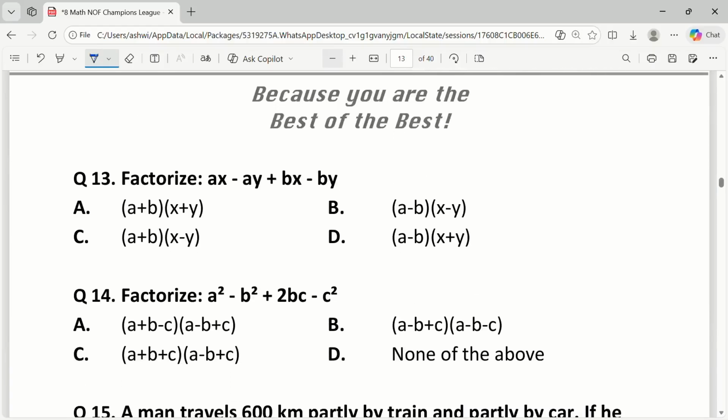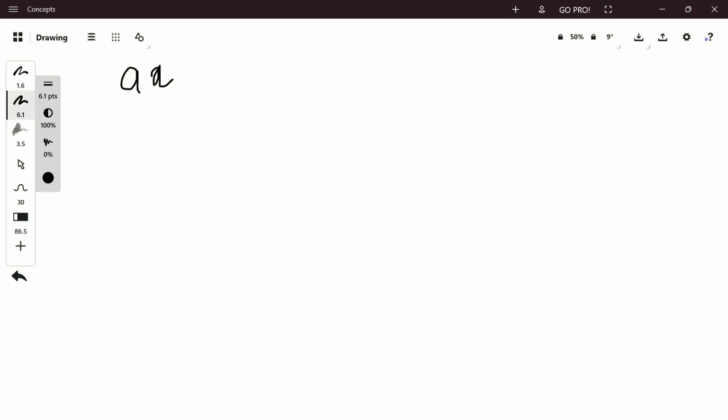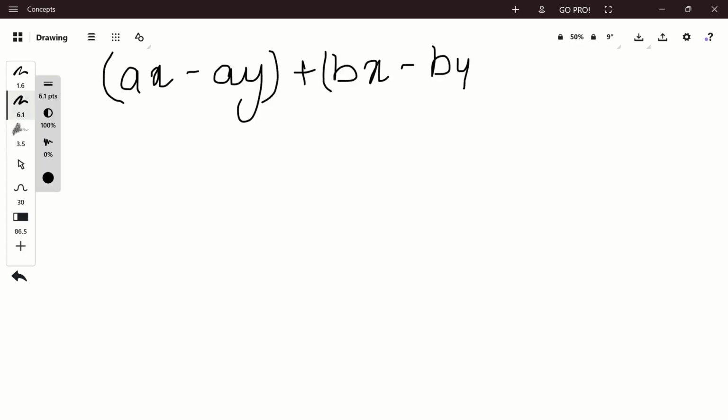Question 13. Factorize ax minus ay plus bx minus by. Group the terms with common factors. We have ax minus ay plus bx minus by.